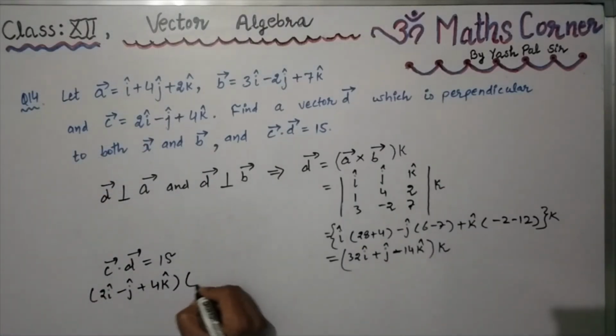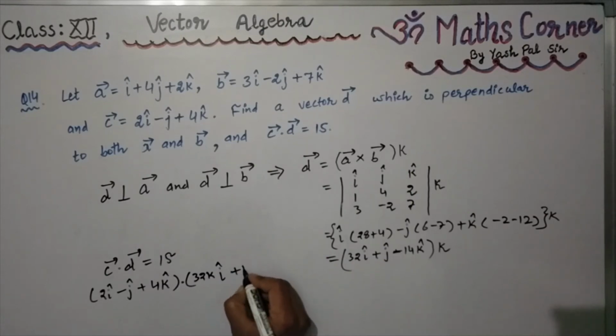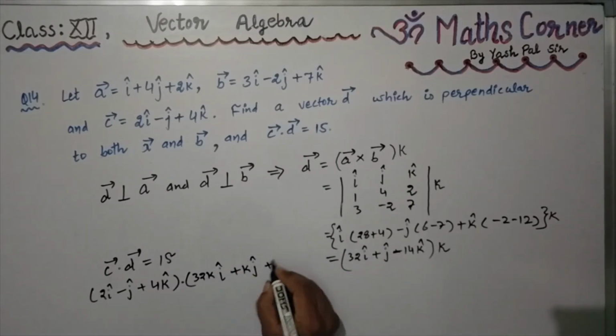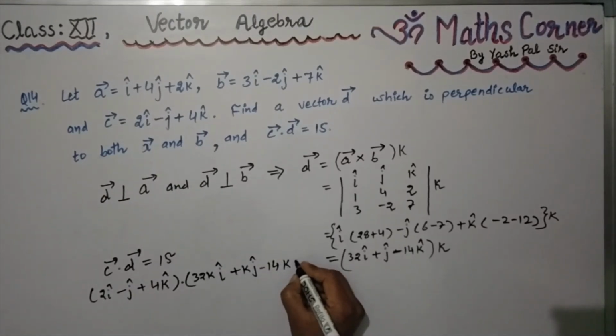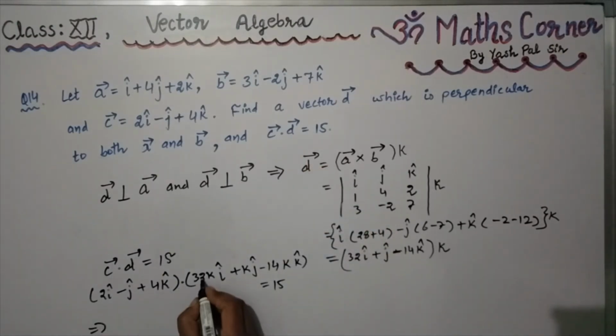This is here 2i minus j plus 4k dot D. D means 32k i plus k j minus 14k k cap is equal to 15, right?